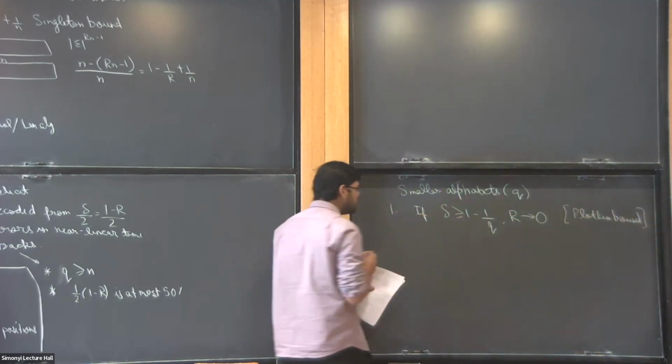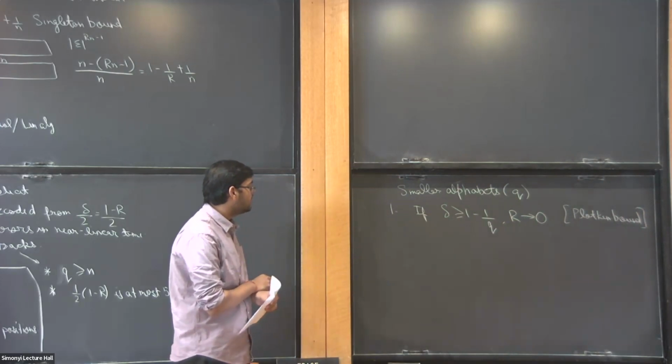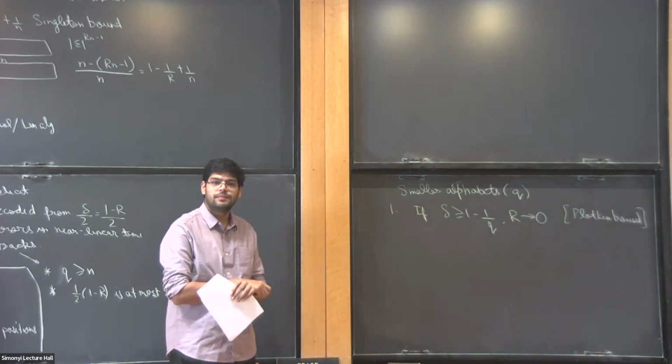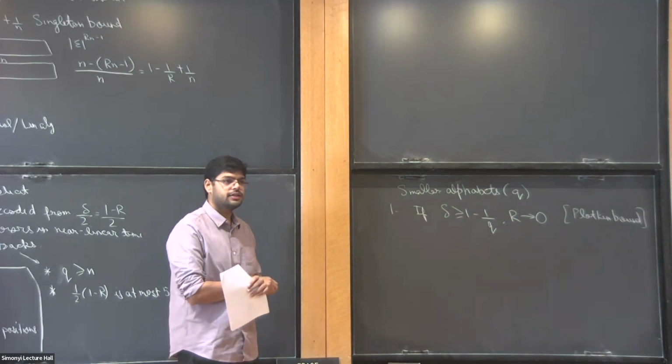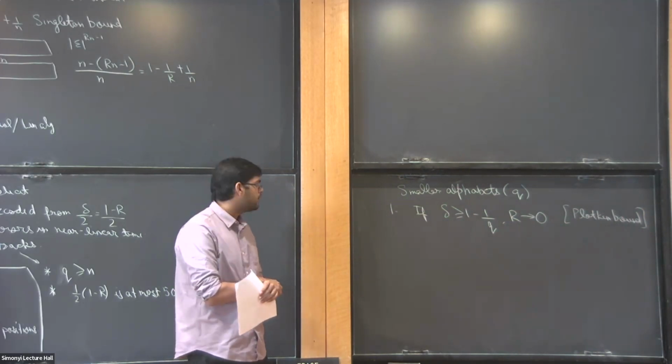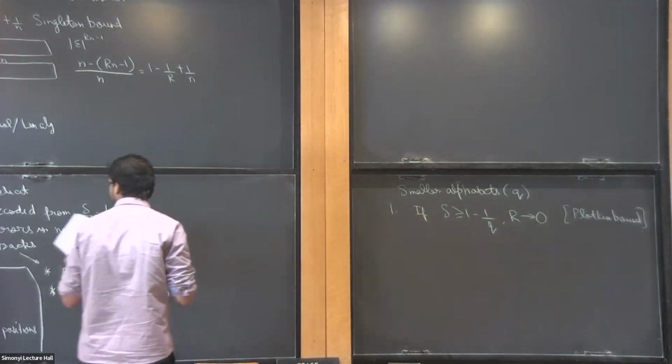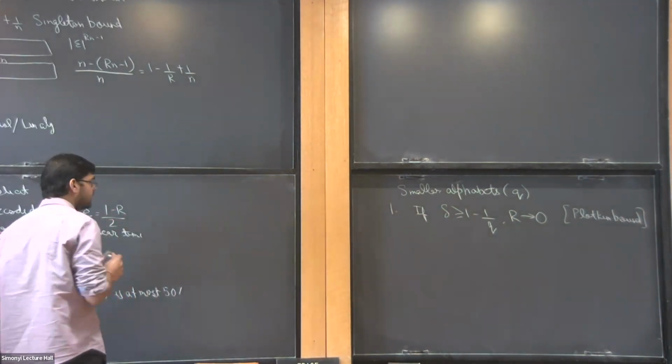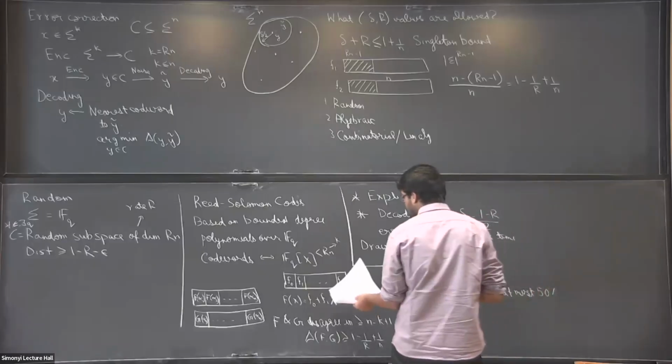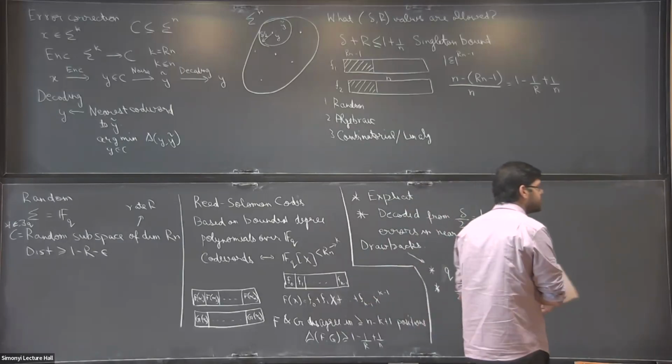So for example, for Q equals 2, this means that it is hopeless to construct codes with distance more than half, at least with positive rate. This is in contrast with the large alphabet case, where we saw that we could always choose R to be small and get very large distance codes.